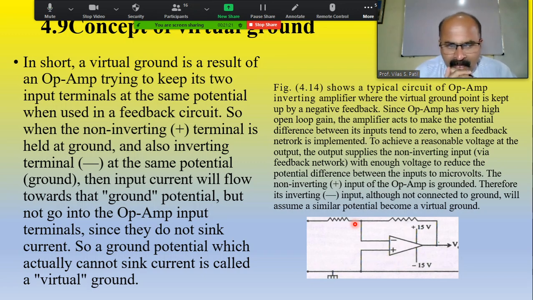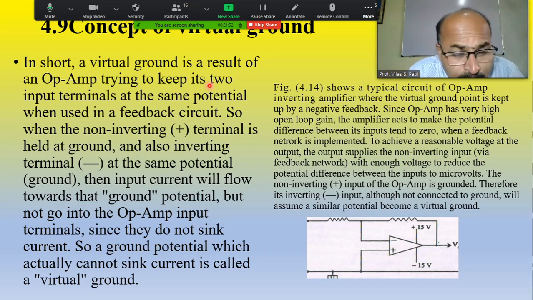Here, in short, the virtual ground is the result of an op amp trying to keep its two input terminals at the same potential when used in a feedback circuit. So again, read here.